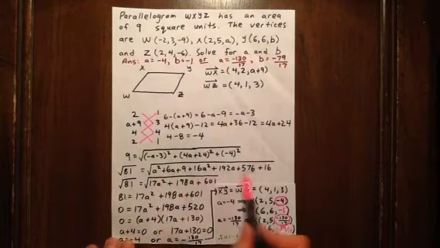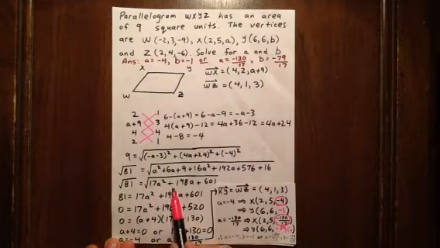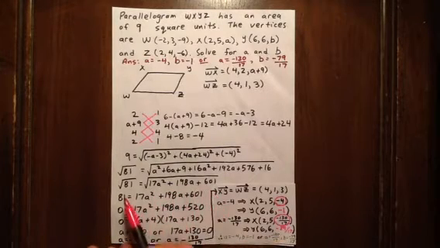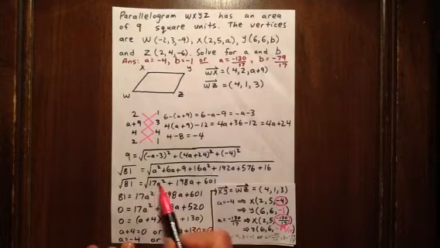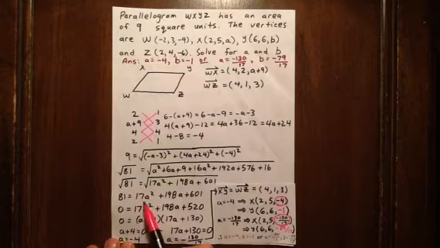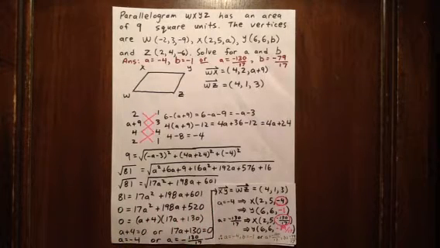And so underneath this square root symbol, we get 17a squared plus 198a plus 601. So the square root of 81 equals the square root of all this. We square both sides and we get 81 equal to 17a squared plus 198a plus 601.